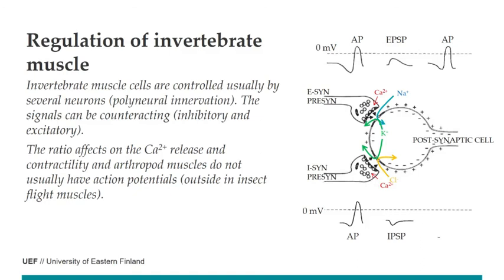But the interesting thing is that in arthropods, in the skeletal muscles, the muscles used for locomotion, there's no action potential, because it's more like a direct effect on the calcium release, except in the flight muscles of insects, which contract very rapidly, and that's why there are clear action potentials also.